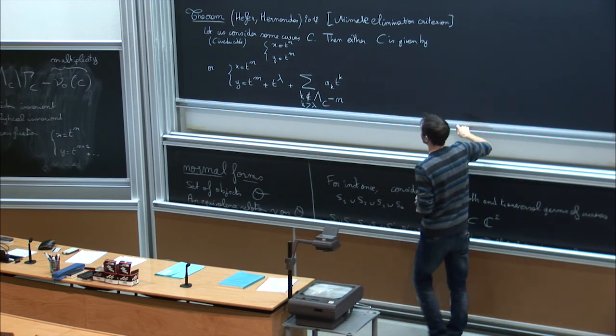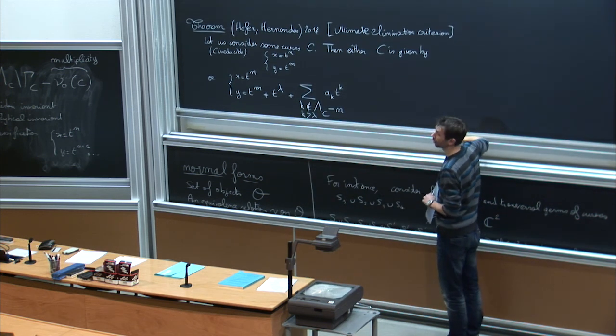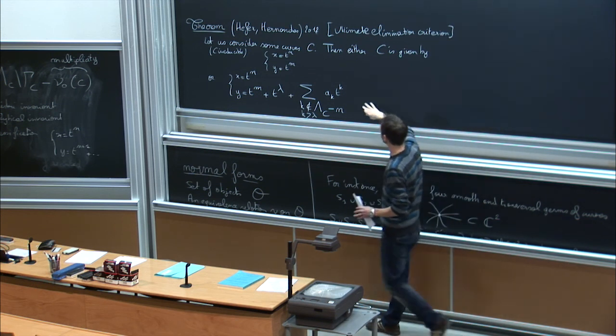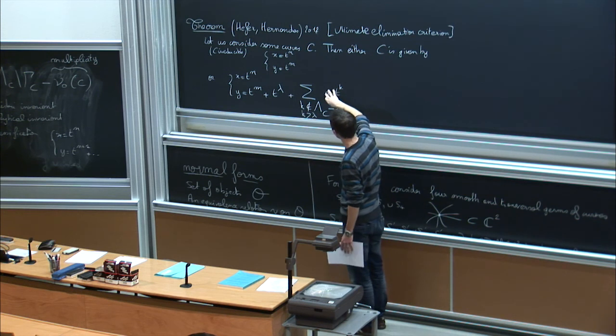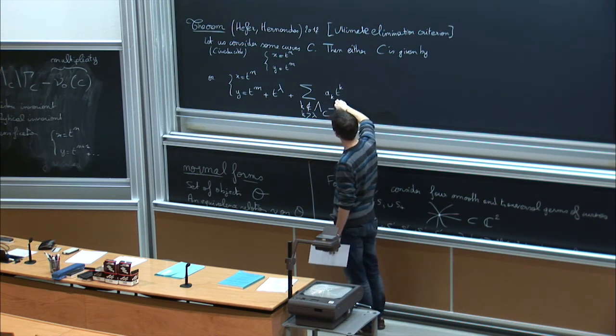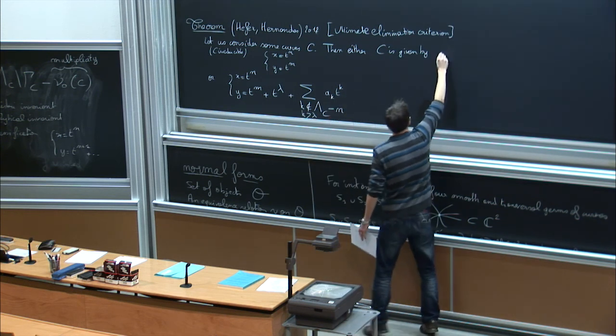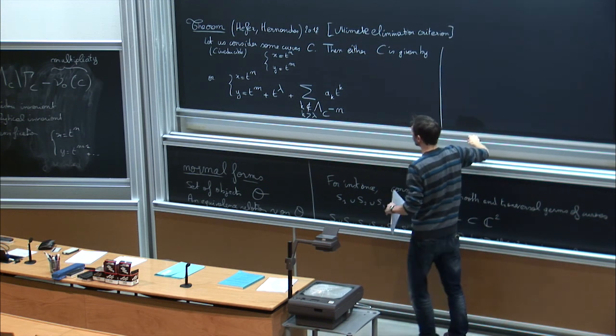And they proved, so this is the ultimate elimination criterion, because they identify what is the ambiguity that remains. So there remains an ambiguity.